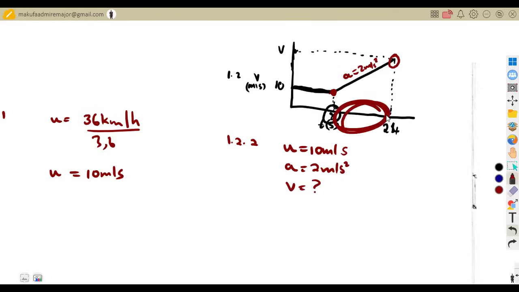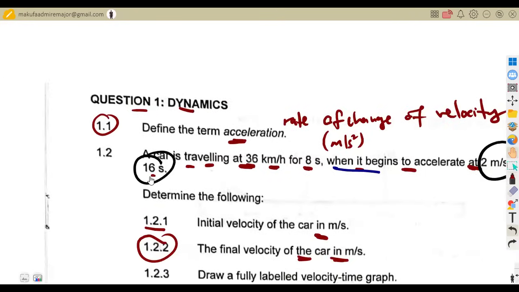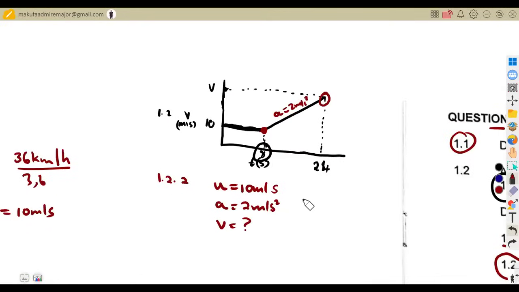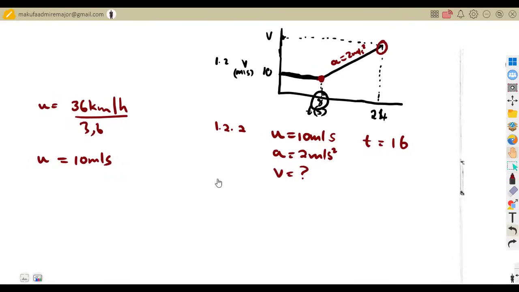Given the time when this acceleration took place, in how many seconds? 16 seconds. So we have the time in between. The time is 16 seconds. What is going to be the value of V? That was the question.